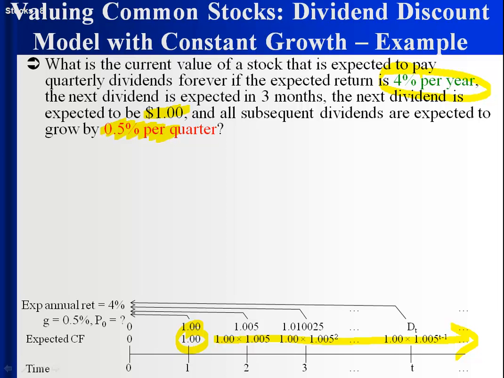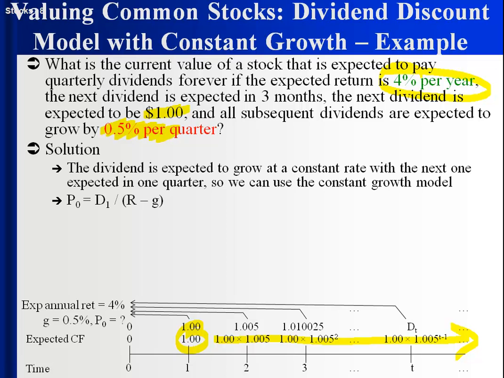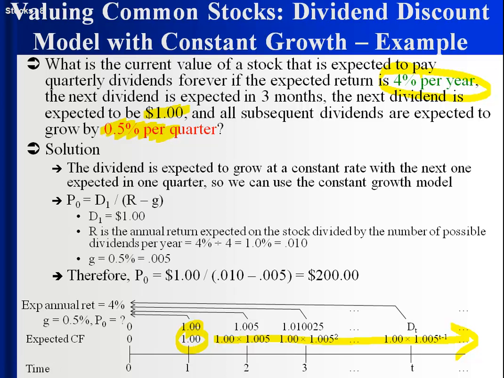So if we're discounting the same cash flows by less, we would expect a higher value, and in fact we do, $200. So again, 1% per quarter, $1 over R minus G. And what we're really saying is that $1 divided by 1.01 plus $1.005 divided by 1.01 squared plus $1.01 and a little bit more divided by 1.01 to the third, forever and ever, is equal to $200.